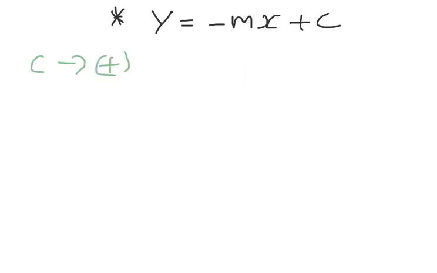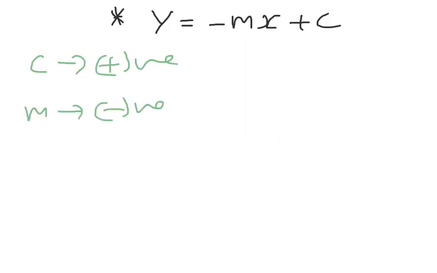Next, our target is y equal to minus mx plus c. Observe carefully here. What is the information here? C is positive, the y-intercept is positive. M is negative.